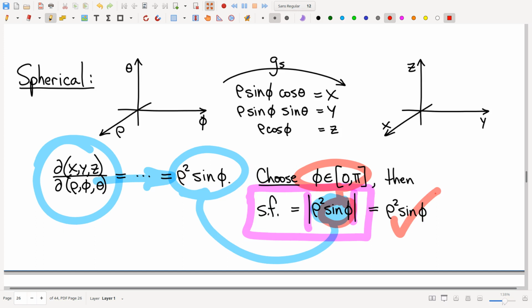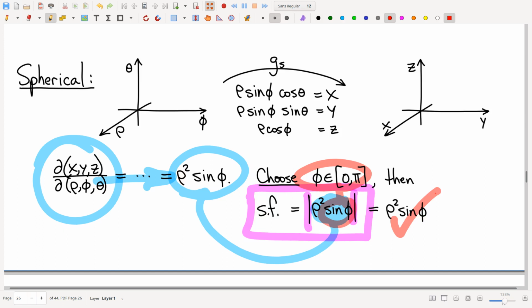I could make up a scenario where it could be very convenient to use values of phi outside of this range, and then you'd have to make a tough choice of, do I want to follow this rule and deal with the inconvenience of whatever geometry that is, or do I want to break this rule and now I've got to deal with absolute values? Okay. And frankly, I am having a hard time off the top of my head.